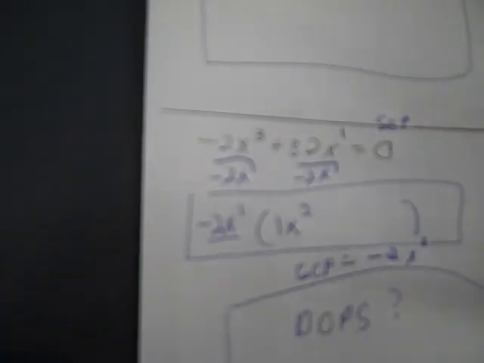So negative 2x to the first, then I divide by negative 2x to the first. Now negative 2 divided by negative 2 is 1, but on the x we're taking 3 minus 1, which is 2. And then I take 32 divided by negative 2, negative 16, so minus 16, and then those can go away.